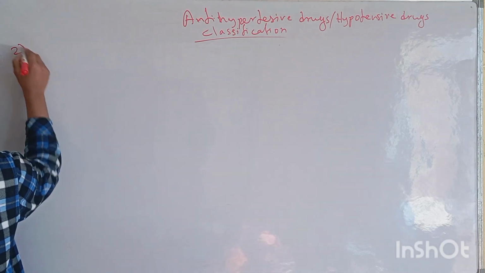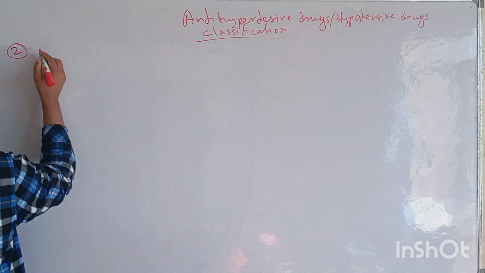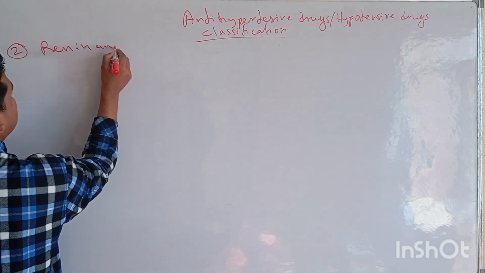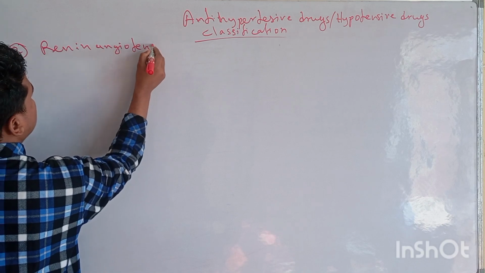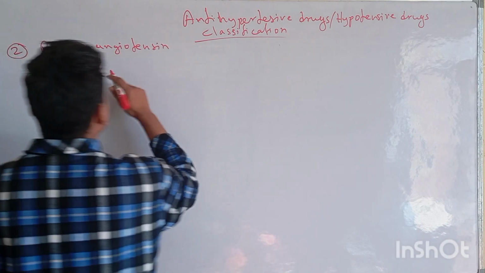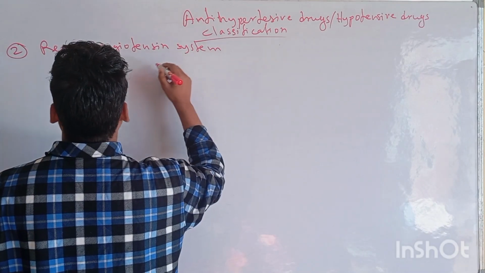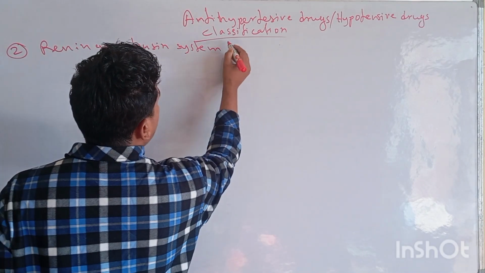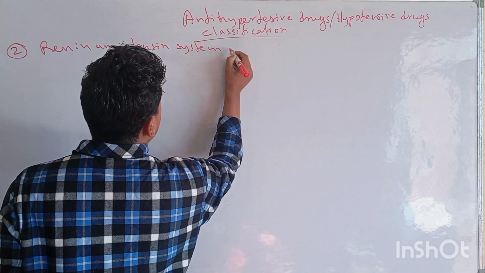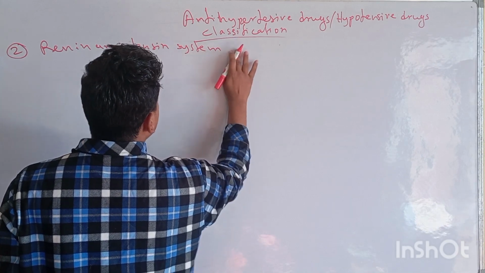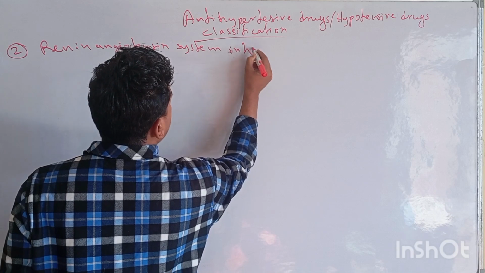Number 2, renin-angiotensin system inhibitors, or blockers, whatever you want.